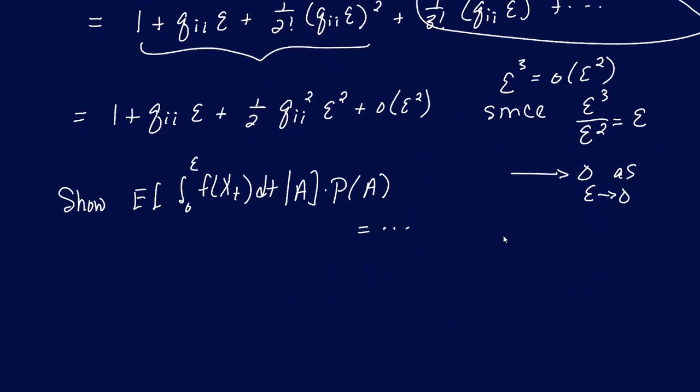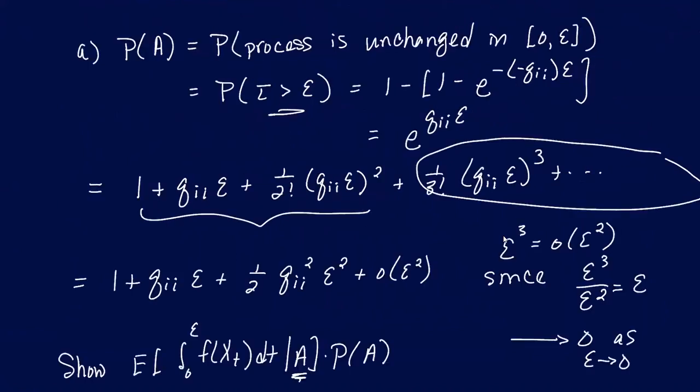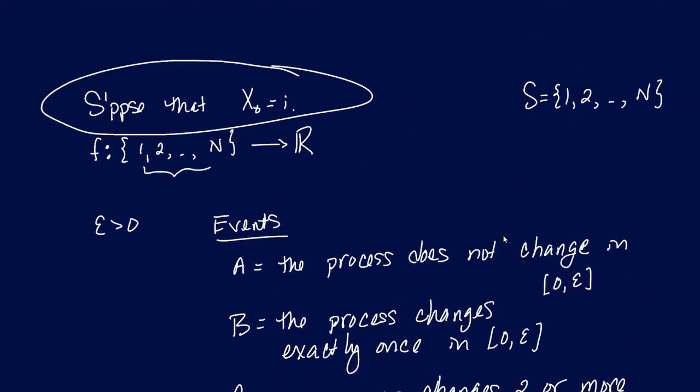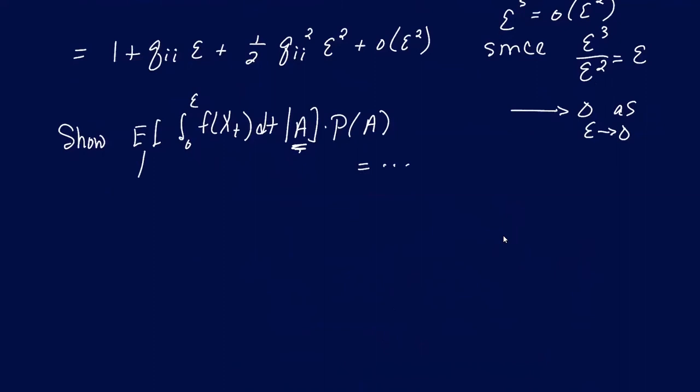Note that A is the event that the process has not changed in the time interval from 0 to epsilon. All of this, by the way, is predicated on us starting at state i. So I think really all of these should have maybe an i subscript, like on this expectation and on various probabilities.